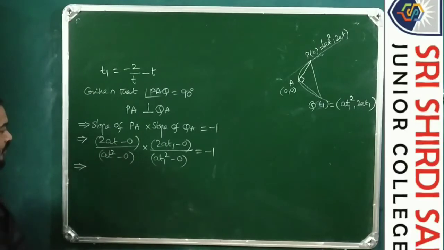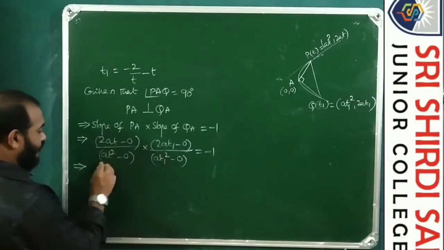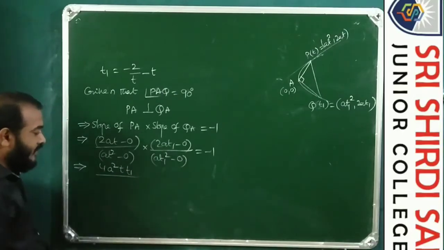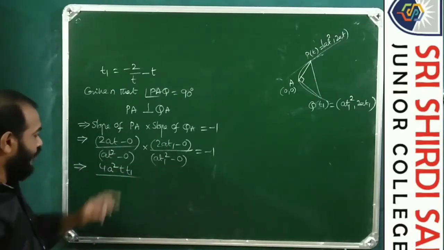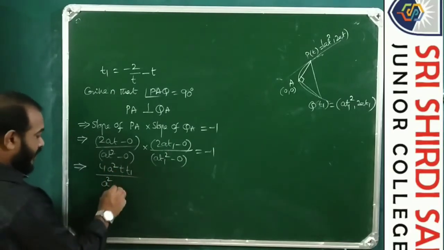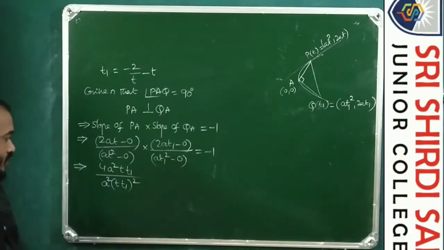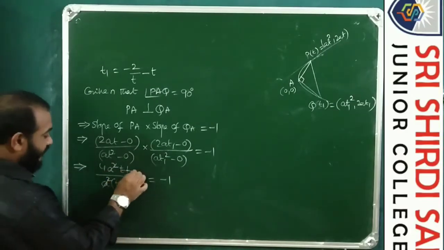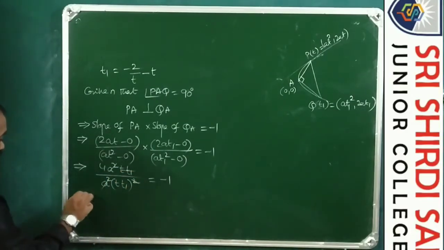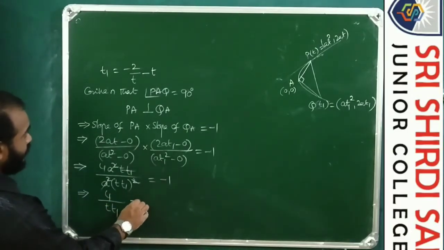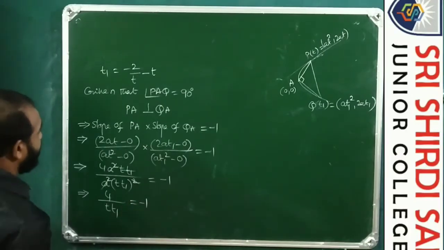So this is 2at into 2at1. 2 twos are 4a square t t1 by a square t square t1 square, that is, (t t1) whole square, is equal to minus 1. So a square gets cancelled, t and t1 get cancelled. So this is 4 by t t1 equals minus 1.